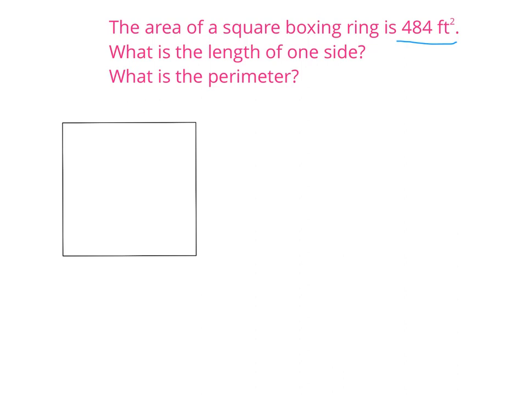So if you remember, area of a square is length times width. However, we often, because it's a square, all sides are the same length, so we'll just call it side. So side times side is side squared. So the area is side squared.